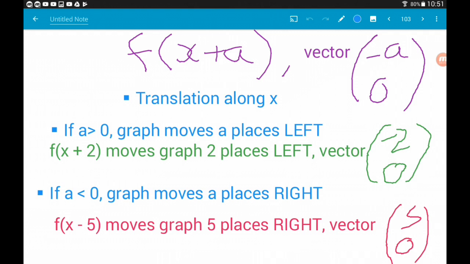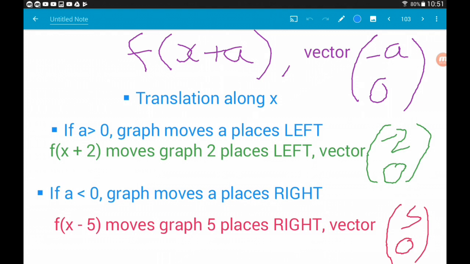Or, on the flip side, if a is less than 0, so it's negative, then this moves the graph a places to the right. For example, if we had f of x minus 5, that moves the graph 5 places to the right. Vector (5, 0).